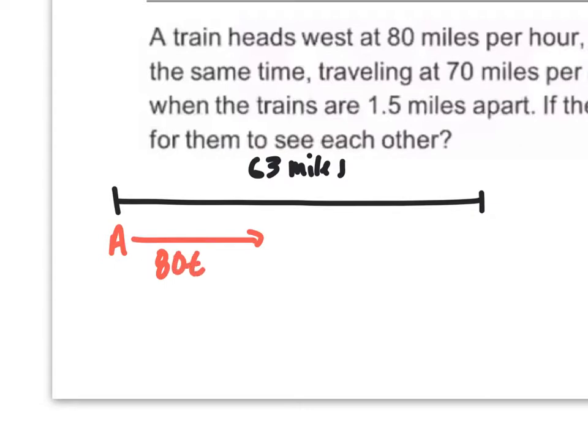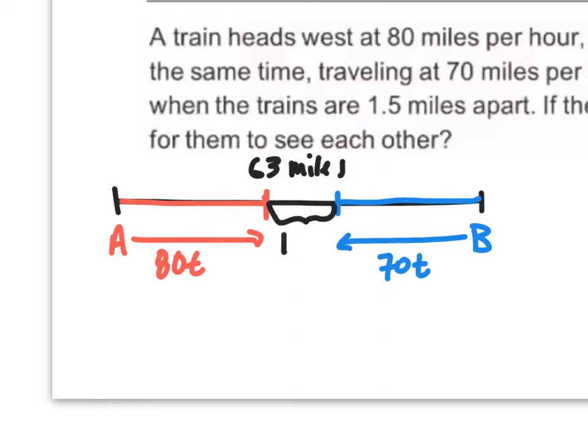The rate at which you travel times the time gives you a certain distance traveled. The other train is traveling in the other direction at 70 miles an hour. We'll call that train B, and it's traveling at 70t, and that distance is right here, such that the distance in between them is 1.5 miles.